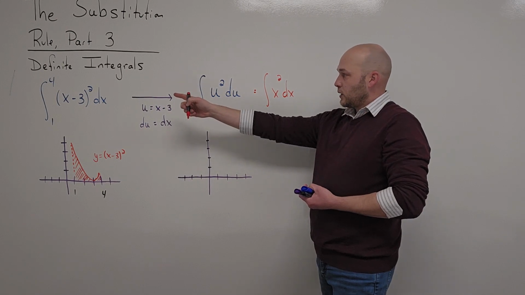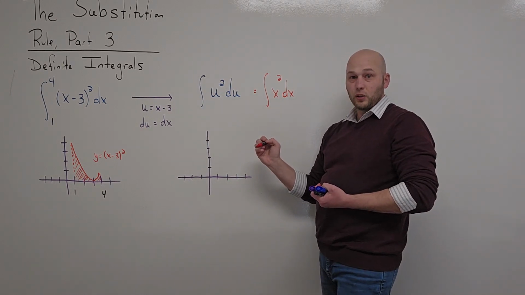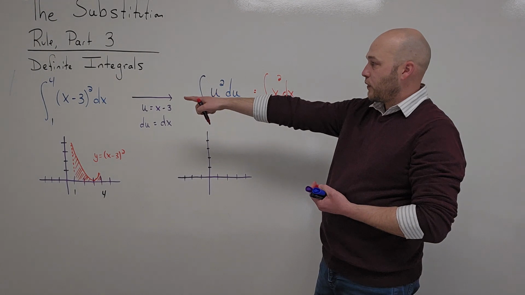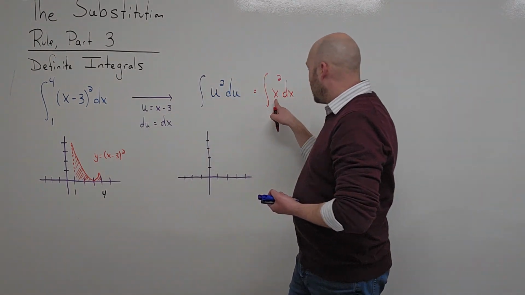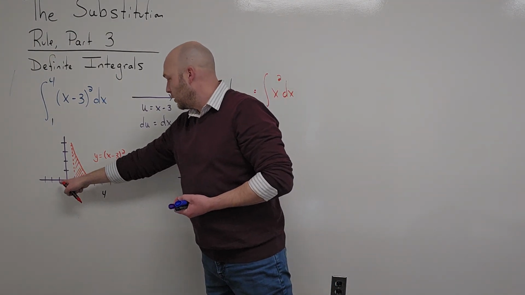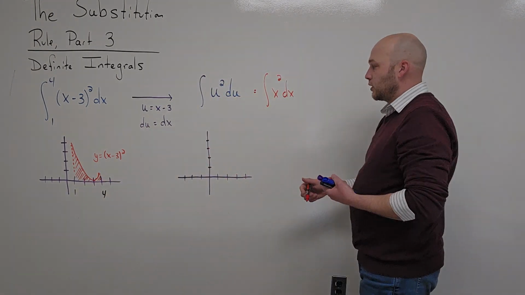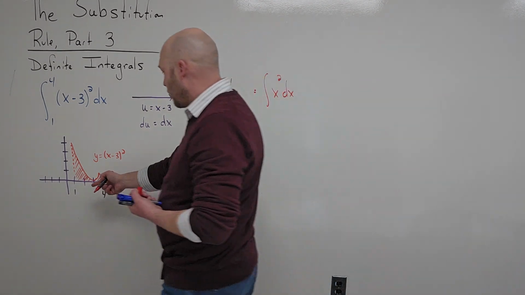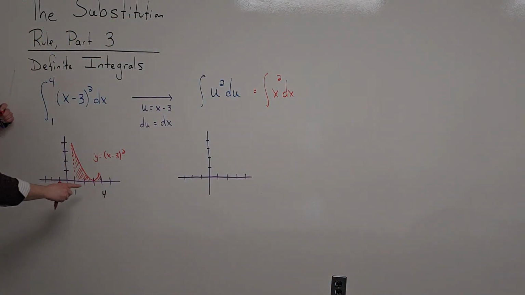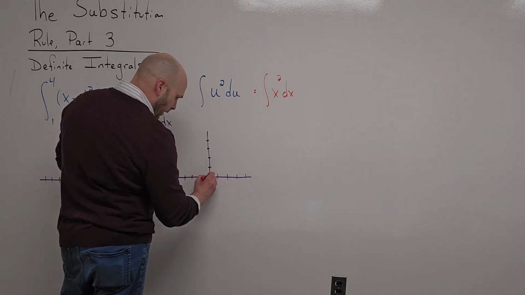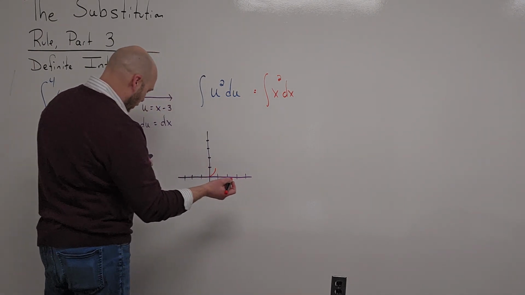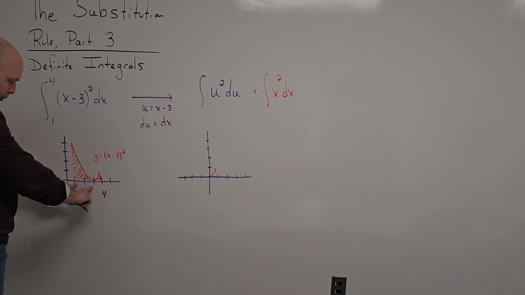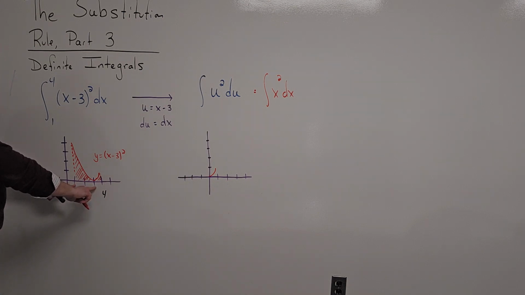So the difference between x minus 3 and x here is a horizontal shift, which means I shift the graph. If I go from here to here, I shift 3 units to the right. So if I go in the reverse direction, I shift 3 units to the left. So if I take this graph and shift it 3 units to the left, the vertex is going to go over to 1, 2, 3. So that's going to go over to the origin. And that means my graph is going to look like this, or the area that I have here. And this portion here is going to go 2 units to the left of the origin.